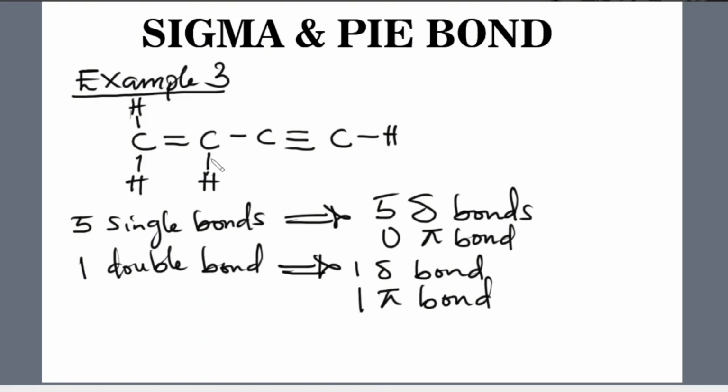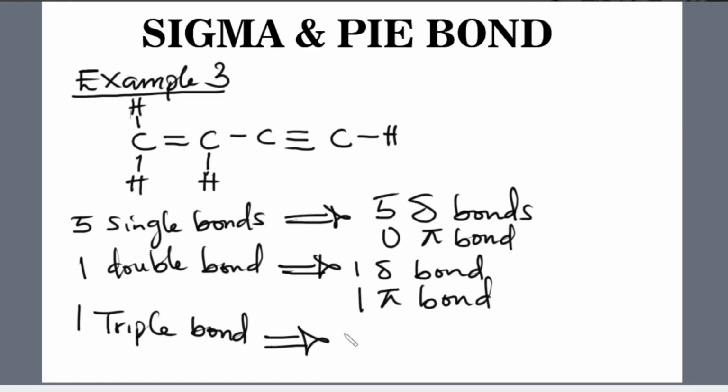Okay, let's count the number of triple bonds in this compound. We only have one triple bond in this compound. In one triple bond, there is one sigma bond and 2 pi bonds.